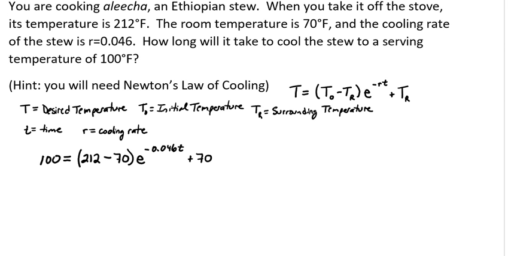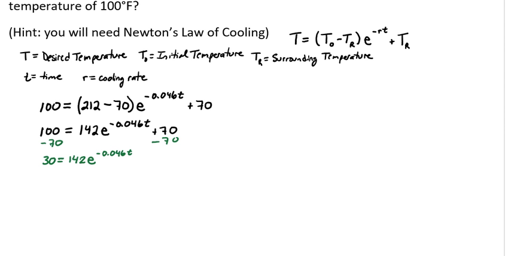So from here, we're going to get 100 equals 142 times e raised to the negative 0.046t plus 70. So we're going to subtract 70 from both sides, which will give us 30 equals 142 times e raised to the negative 0.046t. Then we're going to divide both sides by 142.